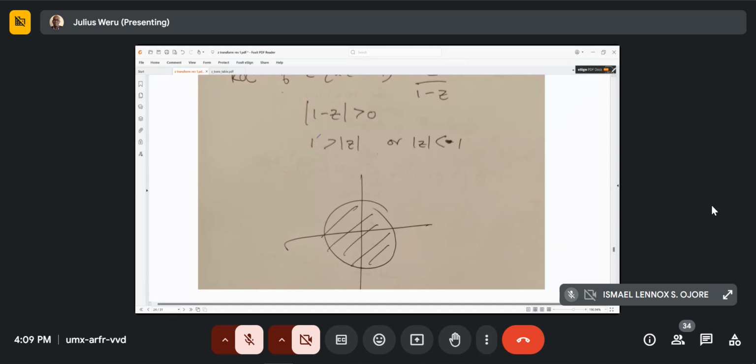Remember I said about an infinite left-sided sequence, or what you're calling an infinite anticausal sequence, where the ROC is inside. In this case, it's just inside the unit circle. This is the unit circle incidentally, just because of this 1.